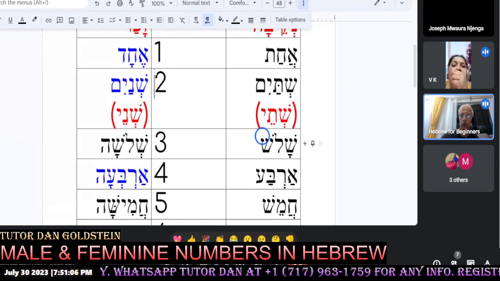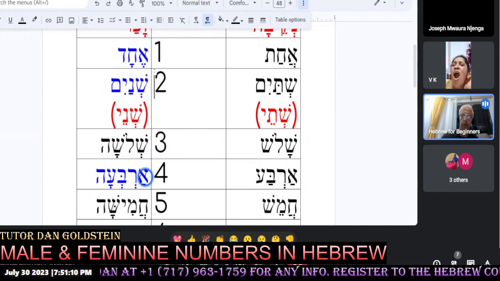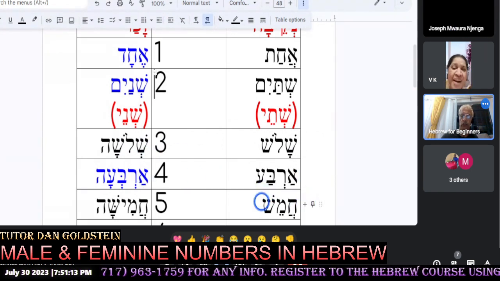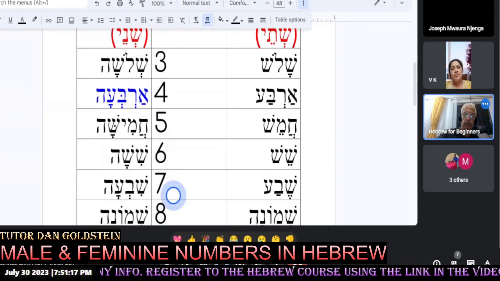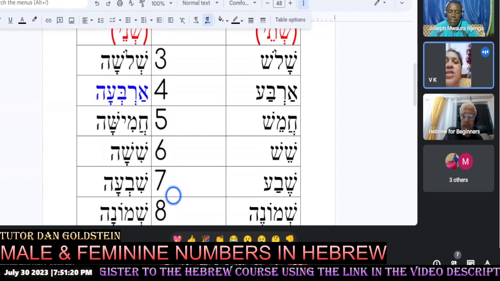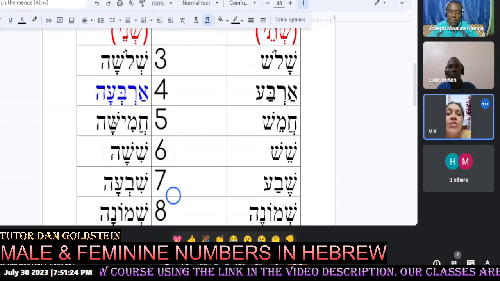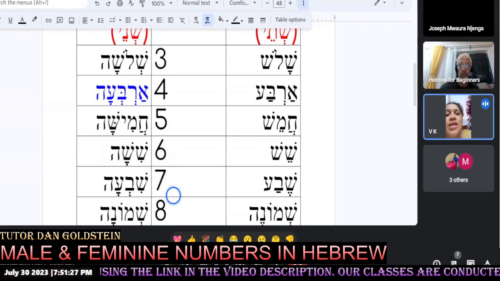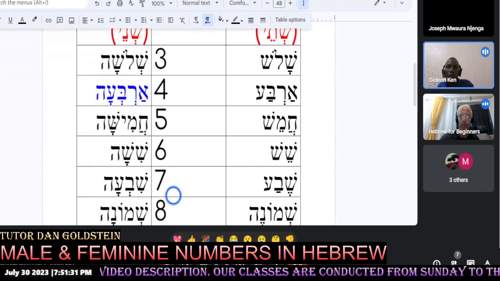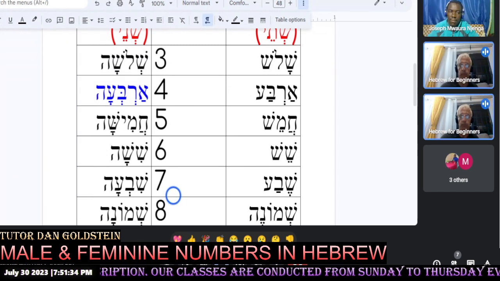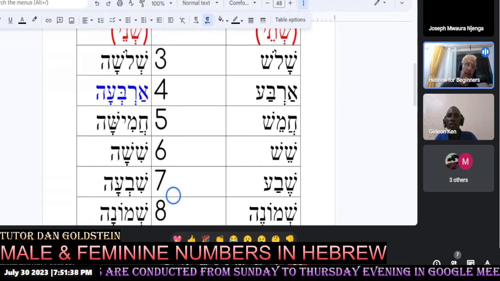Gideon, can you note some pattern here as we convert from feminine to masculine? We go shalosh, shlosha, arba, arba'a, chamesh, chamisha. Do we note some pattern here? Adding a hey for the masculine. Yes, in the masculine we always add a hey at the end.